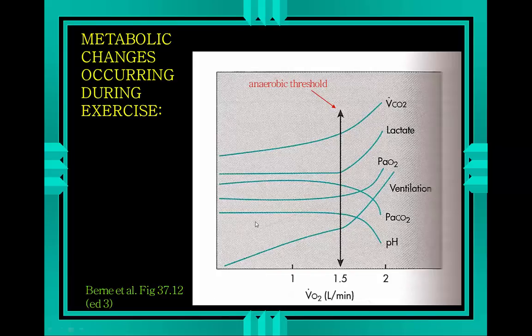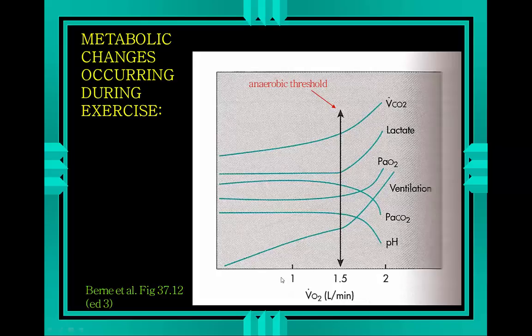At rest, your partial pressure of CO2 in the artery, PaCO2, which is this one here in fact, would be about 40 millimetres of mercury. We learnt that in the lectures. Your arterial partial pressure of oxygen would be about 100 millimetres of mercury. We've learnt that in the lecture. Your lactate levels, I don't even know the units, I don't care about the units, but they're constant as well.